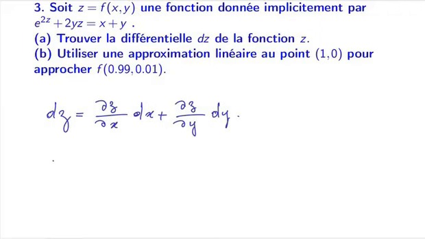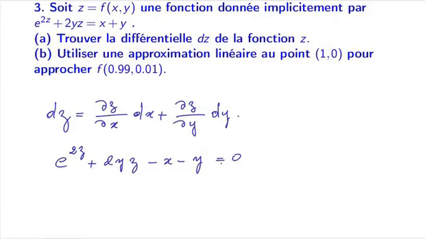So let's note that we have the following relation. Z is implicitly defined by the relation exponential of z plus 2yz minus x minus y equals 0.